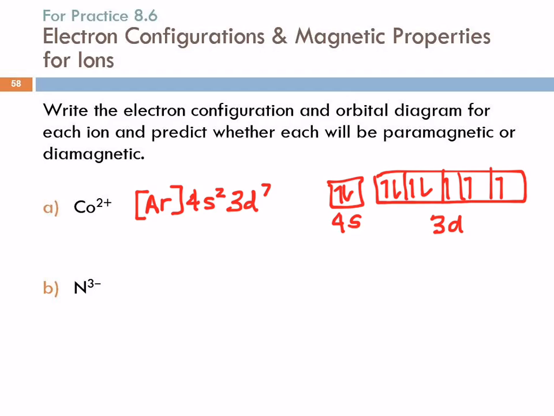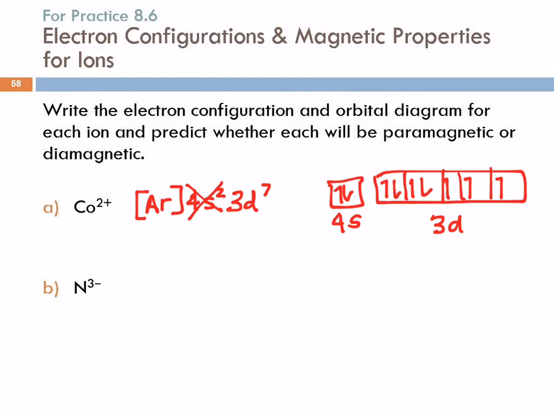We're looking at the ion. Which of these electrons is lost when it becomes an ion? The valence electrons. So it's these two guys. These guys are bye-bye. Now we have the electron configuration for the cobalt 2+ ion.